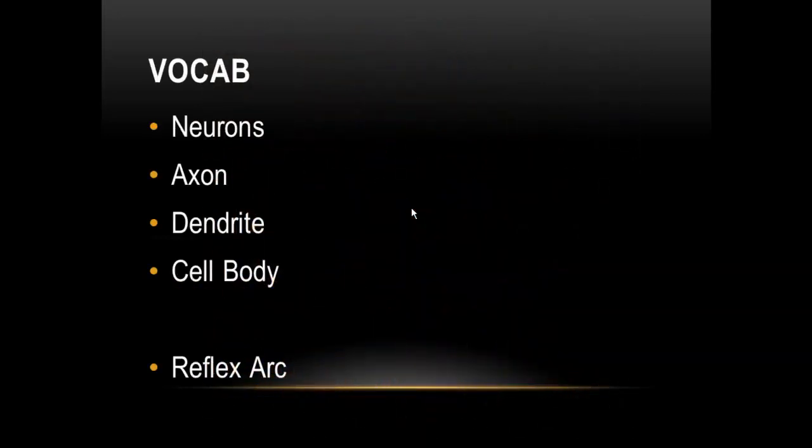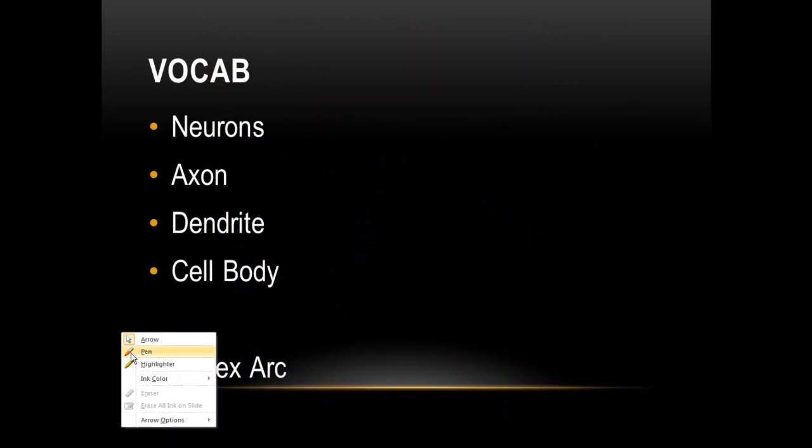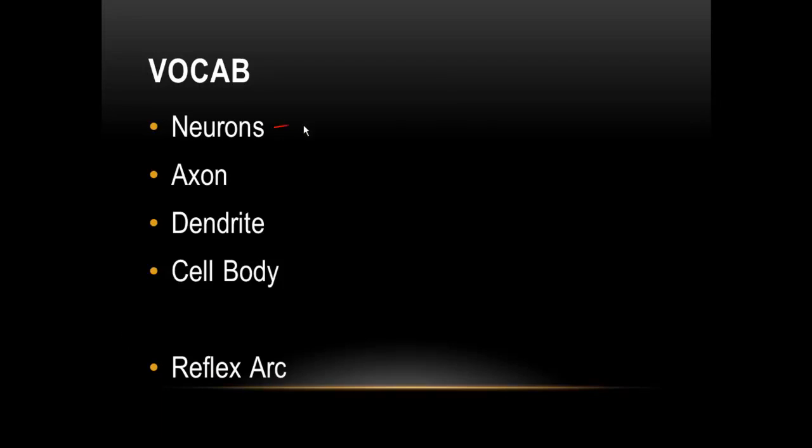So let's begin with looking at the vocabulary, neurons. We already mentioned in a previous part of this unit are the actual cells that make up this system. The three parts of them are going to be in order: the dendrite, the cell body, and the axon. So I remind myself DCA.